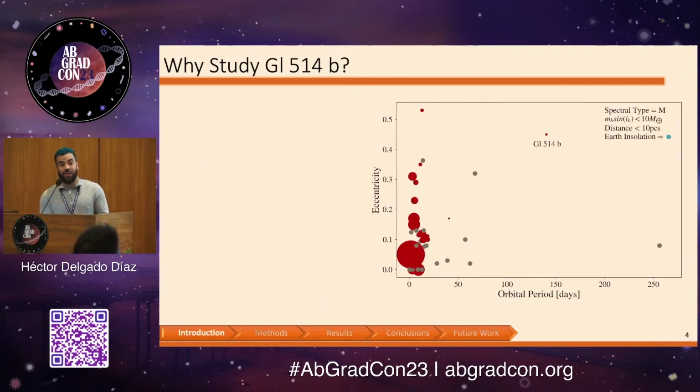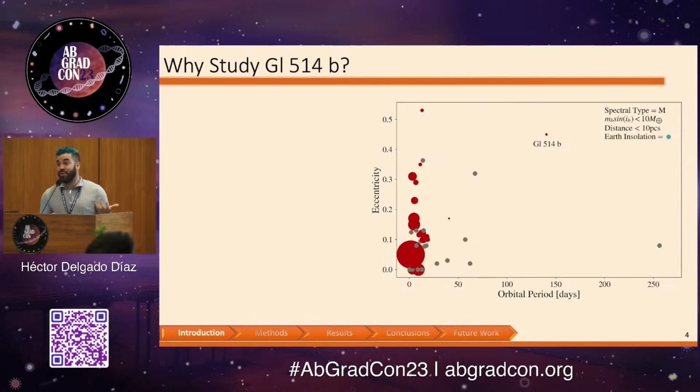Another reason why we want to study GL514b: in this graph I'm showing a plot of the eccentricity over the orbital period of the planet, so how long it takes the planet to go around its host star. The size of the bubbles shows how much insolation, or how much radiation from the star, is falling onto the planet. On the top right corner, you can see the bubble for what would be an Earth insolation, so how much sunlight we receive.